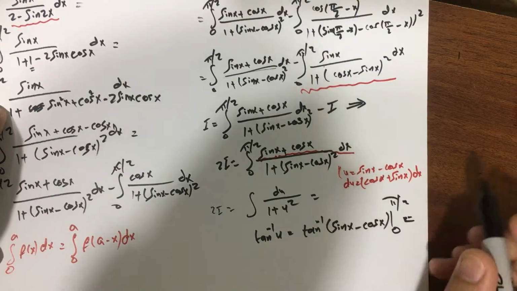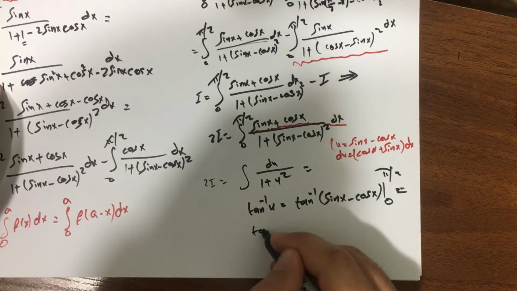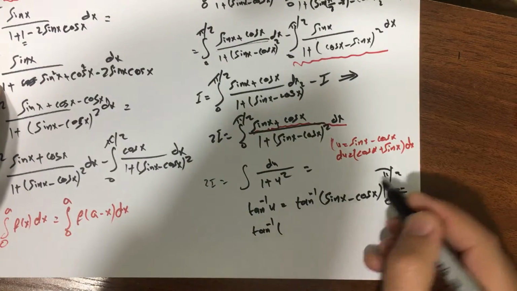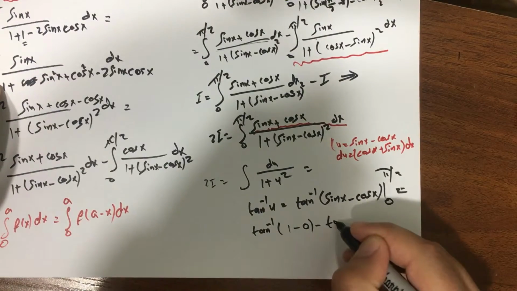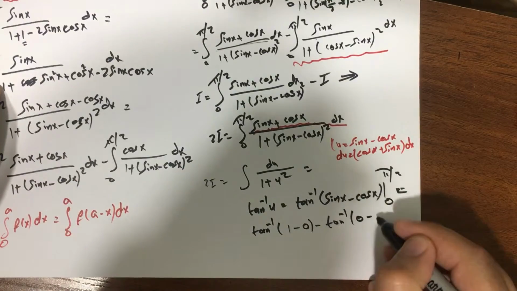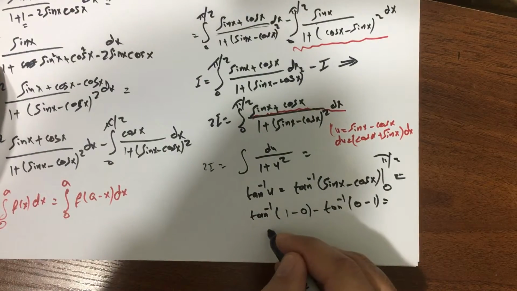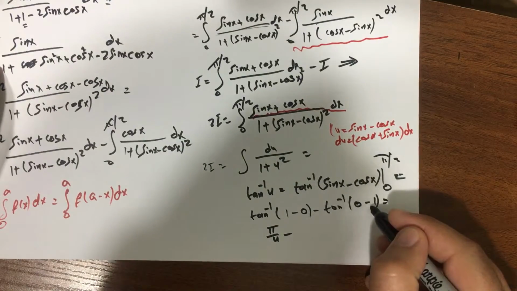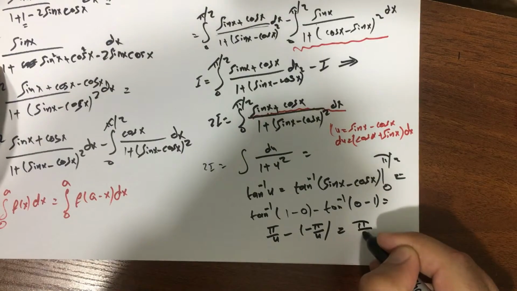Now for the upper limit pi over 2, we have tan inverse of sine of pi over 2, which is 1, minus cosine of pi over 2, which is 0, minus tan inverse of, for the lower limit 0, sine of 0 equals 0 and cosine of 0 equals 1. This equals 2 times, now tan inverse of 1 is pi over 4, minus tan inverse of negative 1, which is negative pi over 4, and this equals pi over 2.